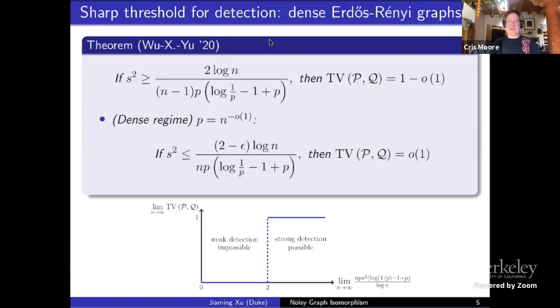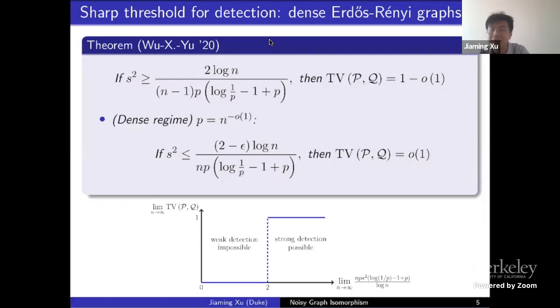Sorry, can you say what you mean by the intersection graph here? Oh, right, yes. You have two graphs, and the intersection graph includes all the common edges in the two graphs. So you have A_ij and you have B_ij, and the intersection of A and B is just all the edges included in both.